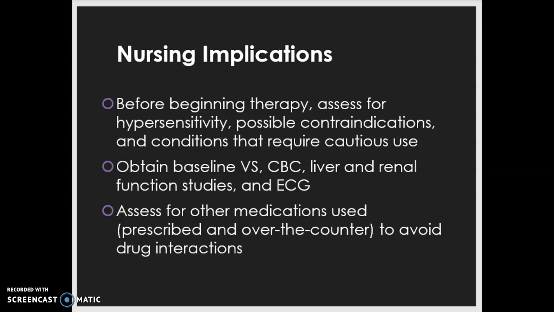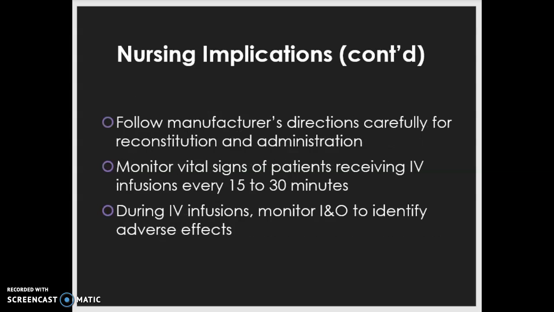Our nursing implications before beginning therapy, we want to assess for hypersensitivity, possible contraindications, and any conditions that require cautious use. We're going to get baseline vital signs, CBC, liver and renal function, and an EKG. Remember, particularly with amphotericin B, we want that EKG or ECG. We assess for other medications to avoid interactions, particularly those that might conflict with that P450 problem.